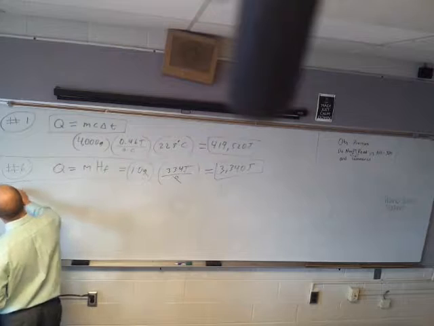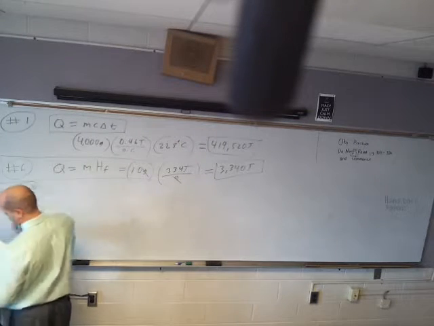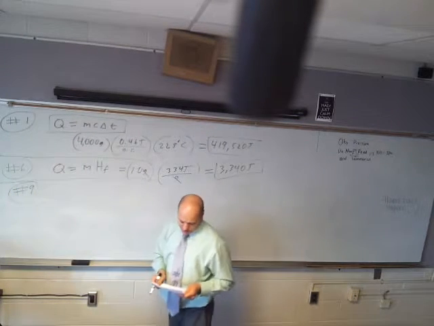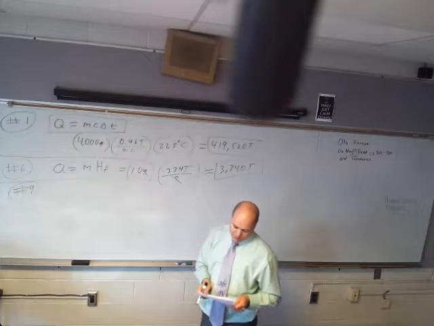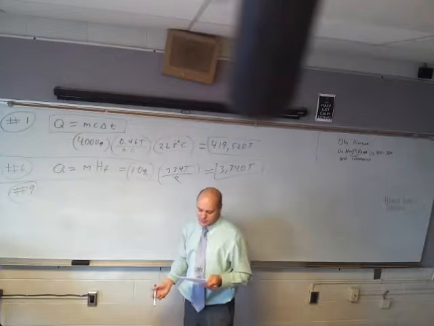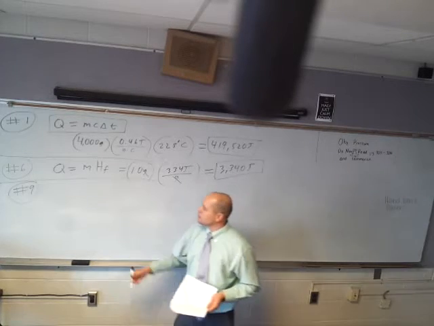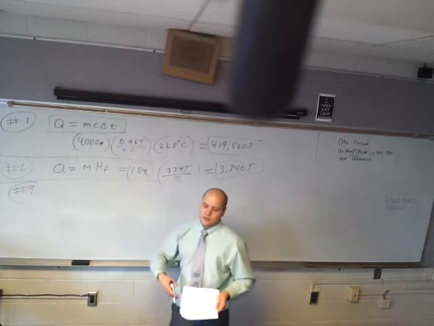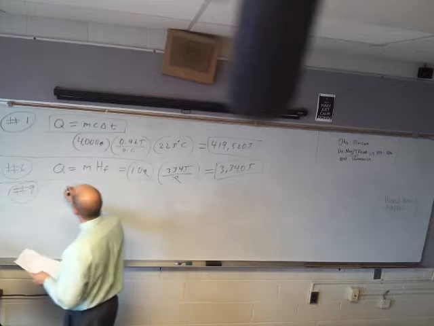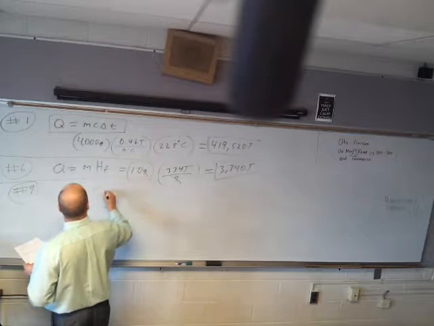Number 9, how much heat does it take to turn 42 grams of water at 100 degrees Celsius into 42 grams of steam at 100 degrees Celsius? Again, there's no delta T. The temperature stays the same. So we don't need this equation. All we need is the one for changing liquids into gases, which would be Q equals M times HV.